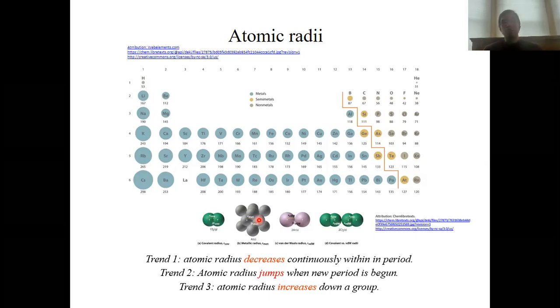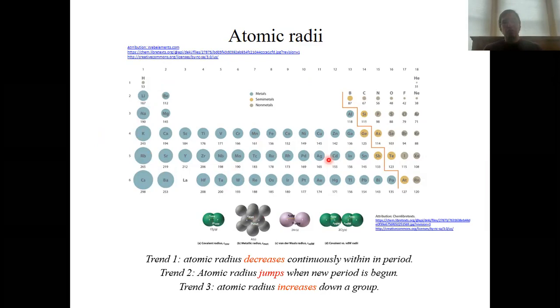However, metals make up most of the elements in the periodic table. Therefore, the metallic radius is actually relevant for quite a number of elements.